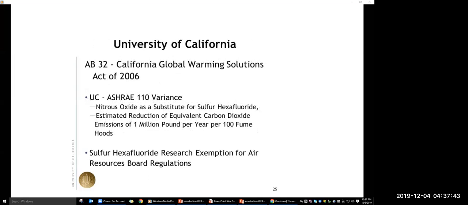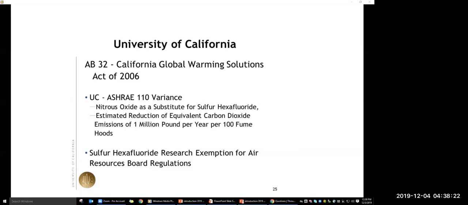In 2006, the California State Legislature passed the California Global Warming Solutions Act, which required California to reduce its greenhouse gas emissions to 1990 levels by 2020. The California Standards Board also passed a fume hood regulation in 2006, which required laboratory fume hoods operating in setback mode to be tested using an abbreviated ASHRAE 110 method, the method for measuring performance of laboratory fume hoods.